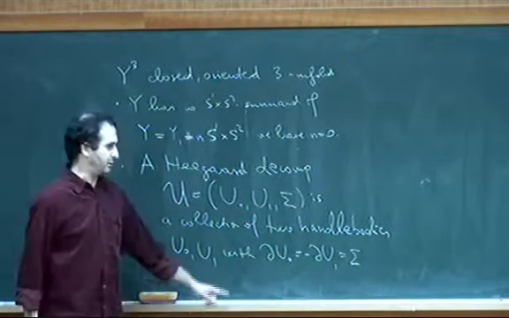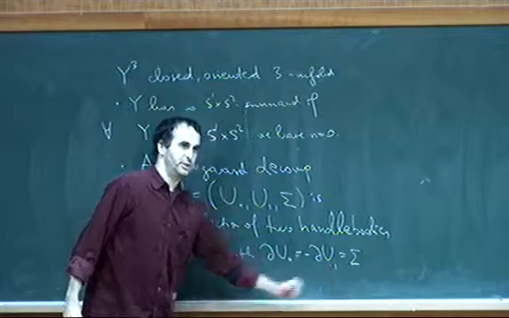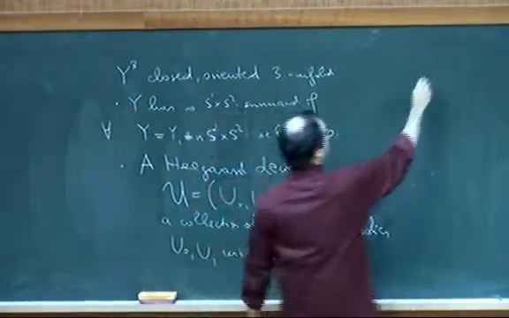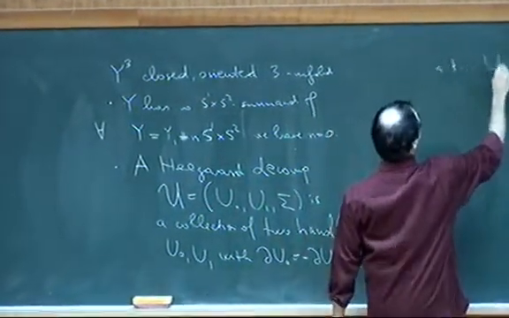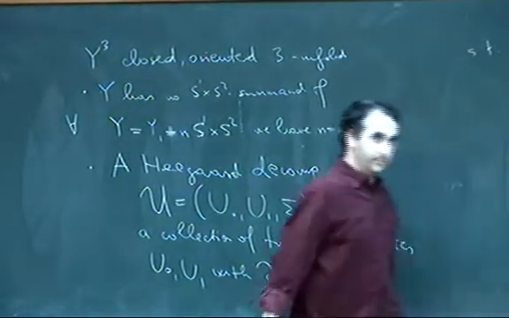The common boundary is sigma. Of course, because of orientations, one has to be reversed, such that U0 union U1 is exactly Y.